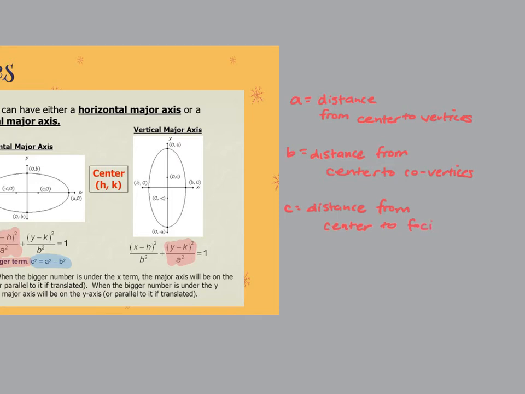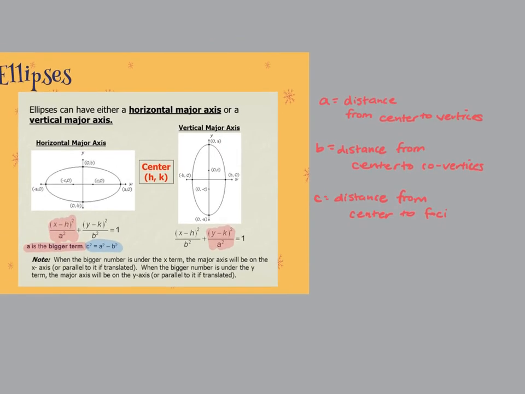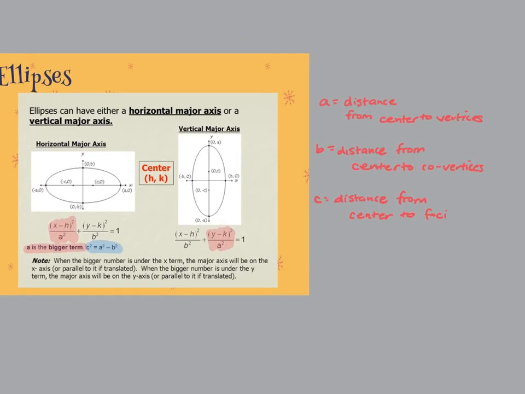To the foci, which is the plural of focus. And remember, the a and the c fall on the major axis, the b falls on the minor axis. And then I think one other thing on this, and we're good to go: 2a is the major axis, 2b is the minor axis.